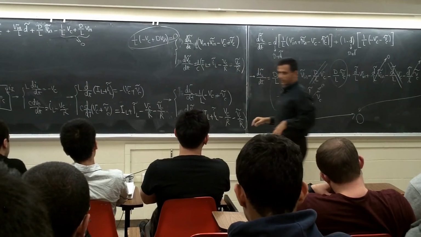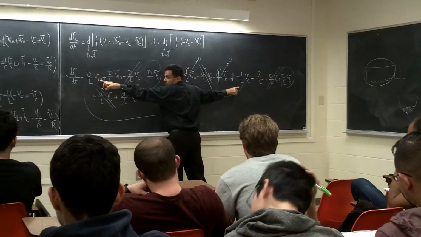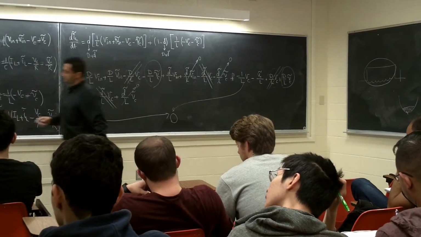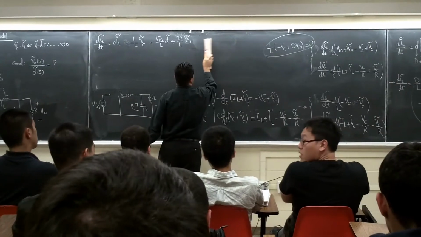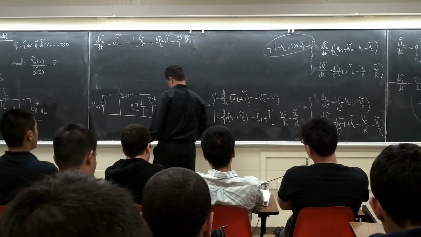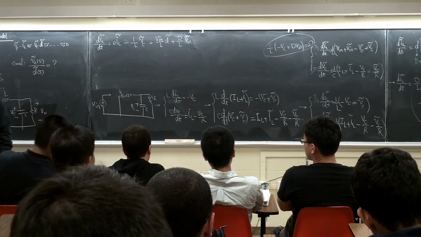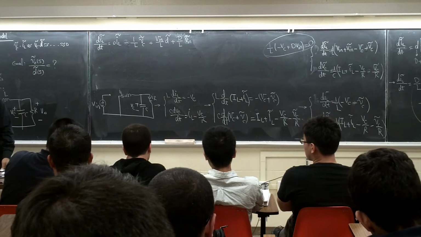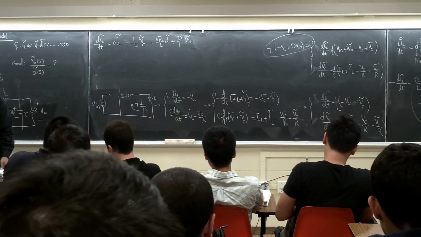This is a steady state condition. So basically, these two terms are going to cancel each other, right? So my equation here is going to be like this. I just want to make sure everything is correct. Yes, this is correct.